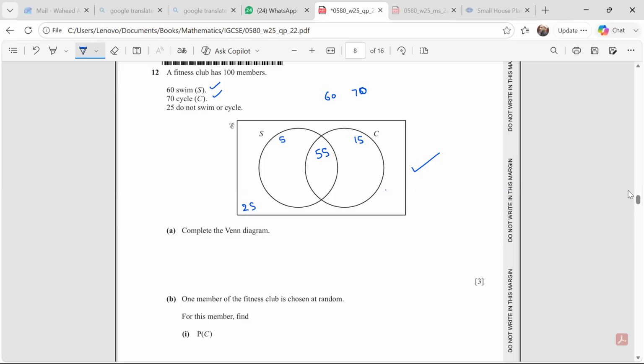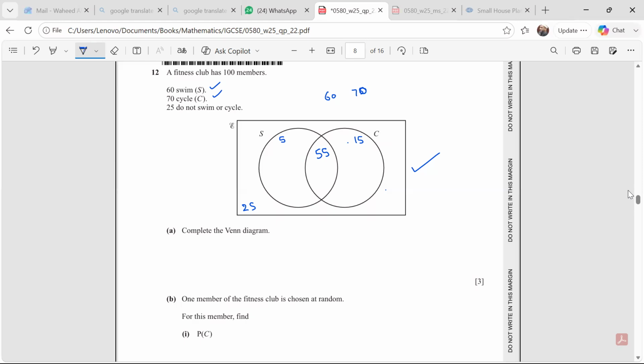One member of the fitness club is chosen at random. For this member, find the probability that he is in cycling. Of course, what is the total number of cycling? It is 70 out of 100.